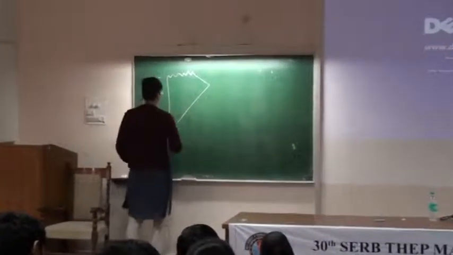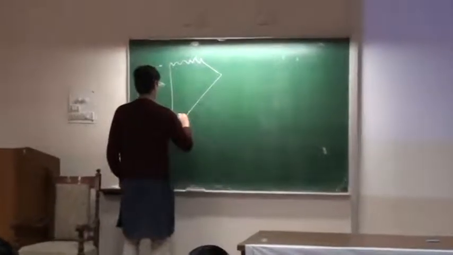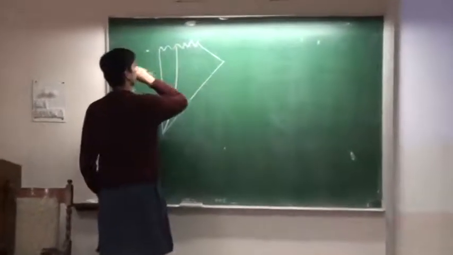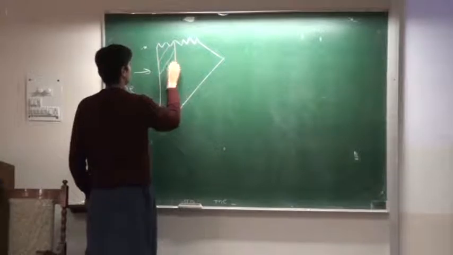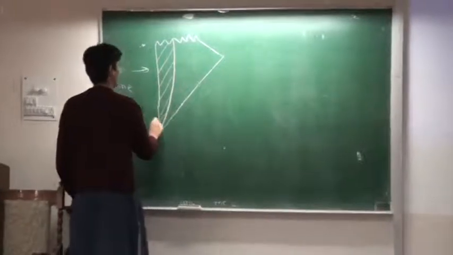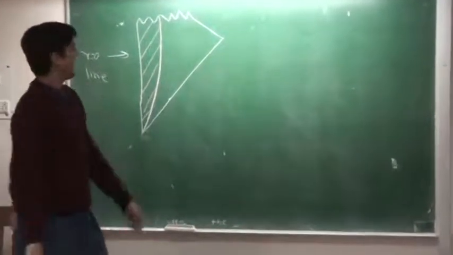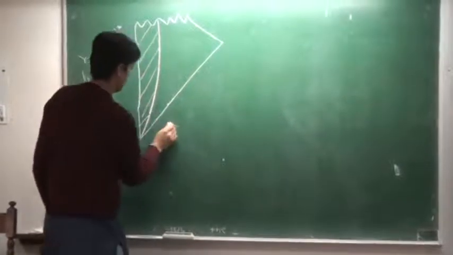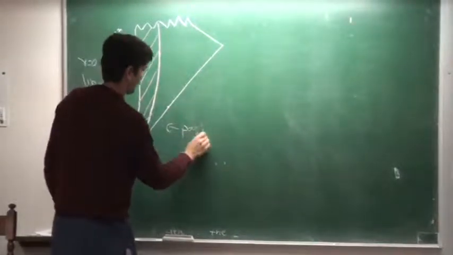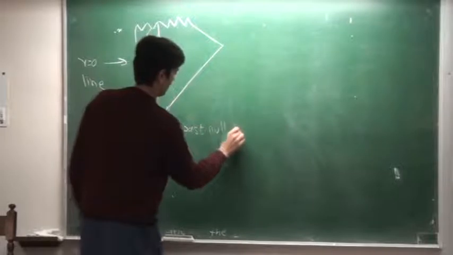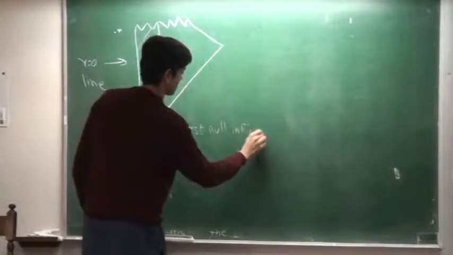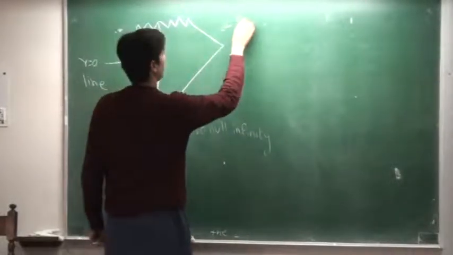And this is the surface of the star. And this is past null infinity. Future null infinity. Right?